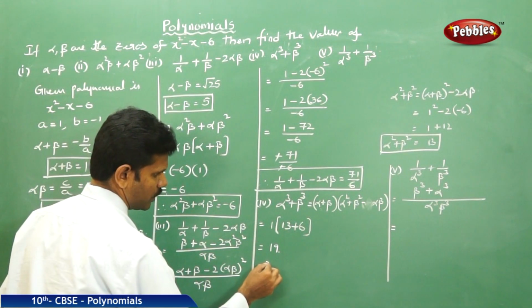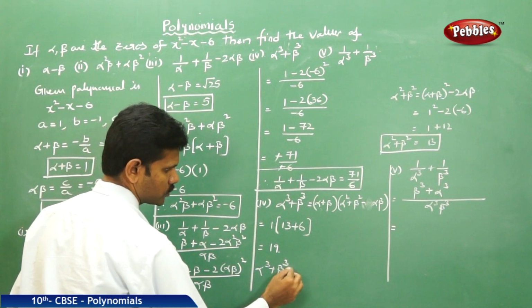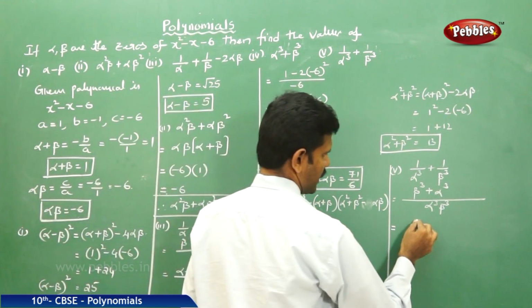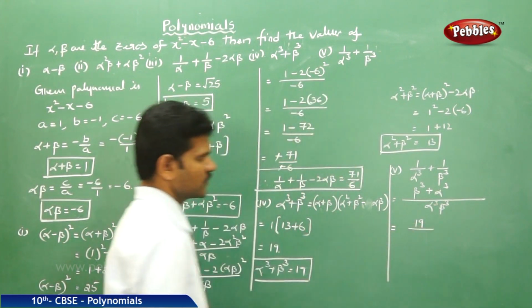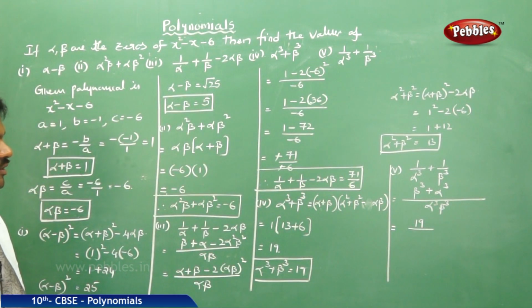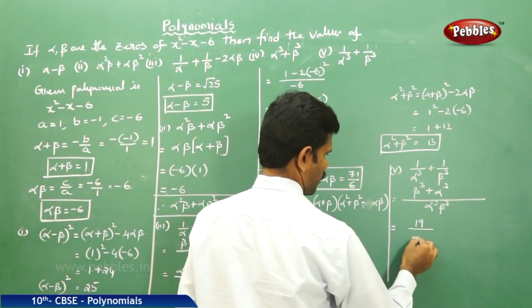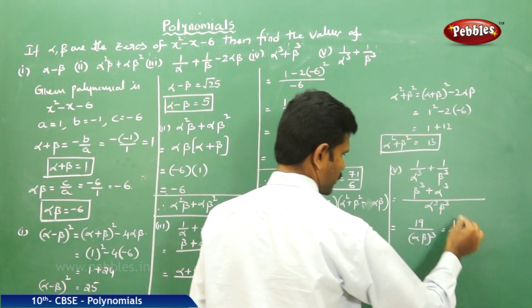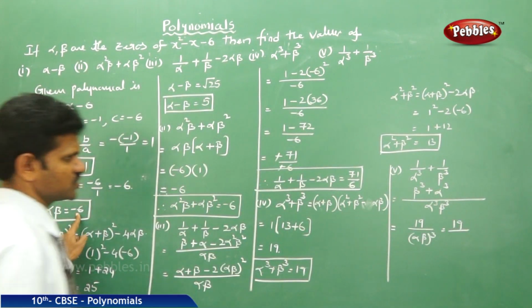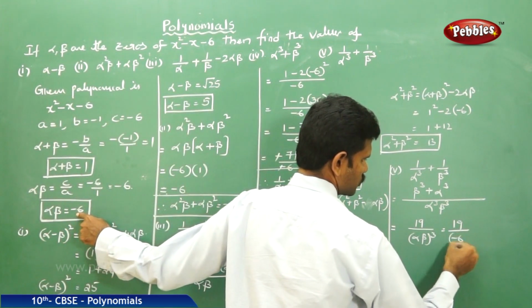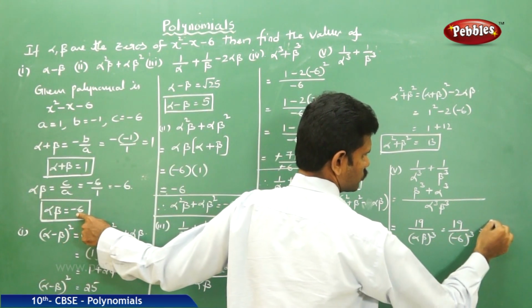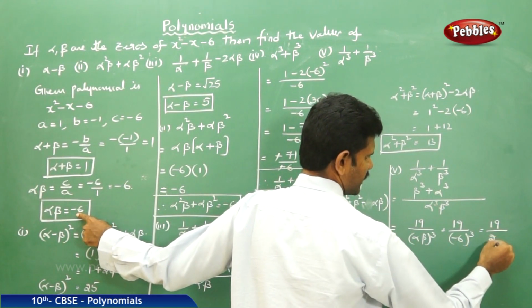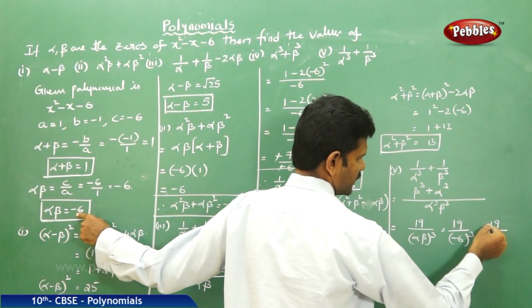Here we can write alpha cube plus beta cube is equal to how much, 19, that is 19 by alpha cube beta cube, which can be written as (alpha beta) whole cube, that is equal to 19 by (alpha beta value is minus 6) whole cube, that is equal to 19 by 6 cube, nothing but 216, minus will be carried to the numerator.